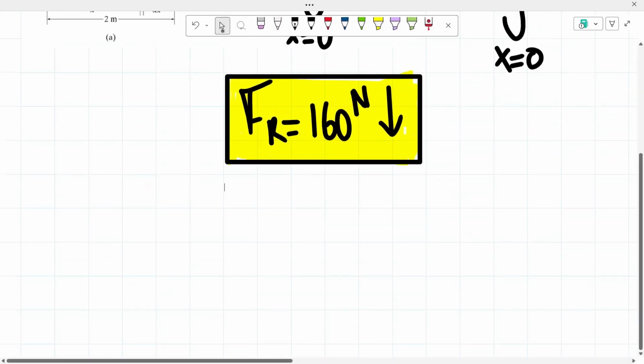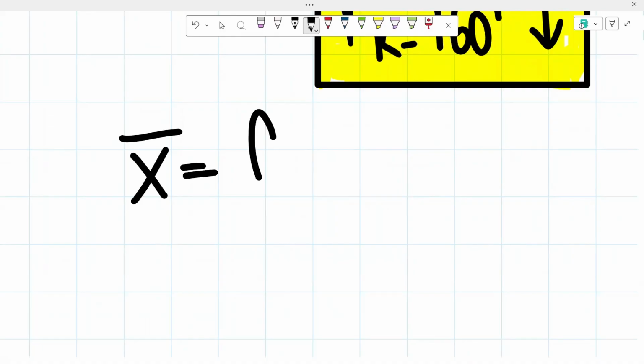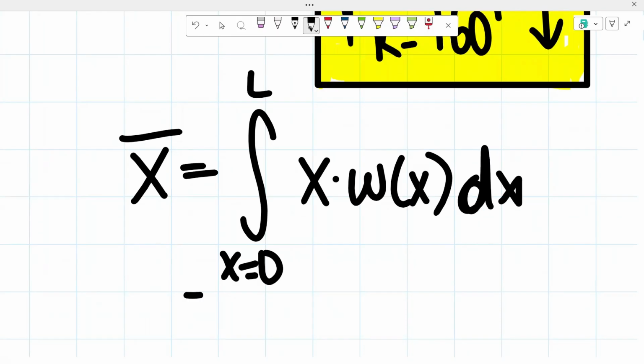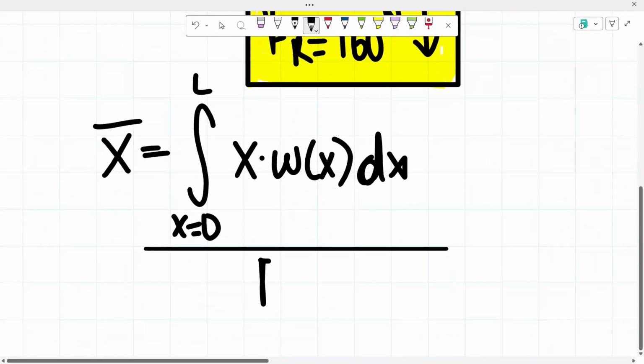And now for the location, we are going to use that the location is equal to the integral of, once again, the length, from x equal to 0, of x times the distributed load, all over our equivalent resultant force.